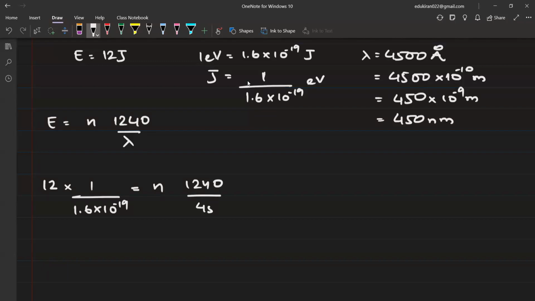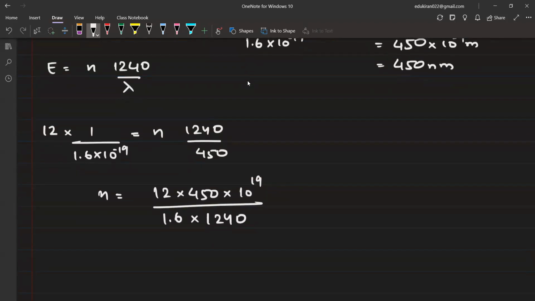Lambda is 450. Okay, now you can shift these values there. n will be equal to 12 into 450 into 10 to the power 19, because minus 19 will go above, it will become plus 19, divided by 1.6 into 1240.